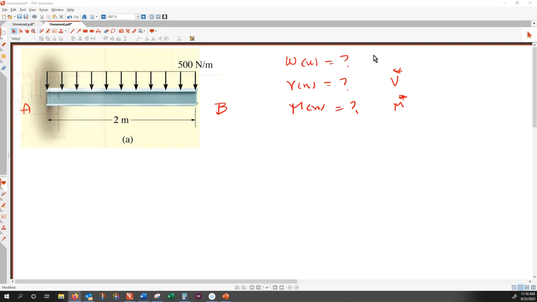Let's start with W of X. So who can tell me what is the expression for W of X? Is this a linear variation or a constant one, Ben?